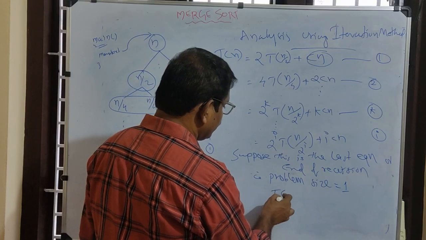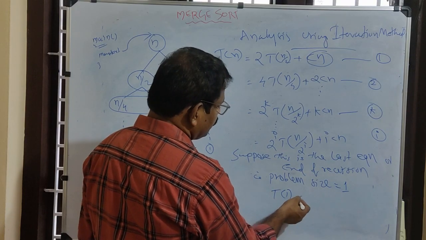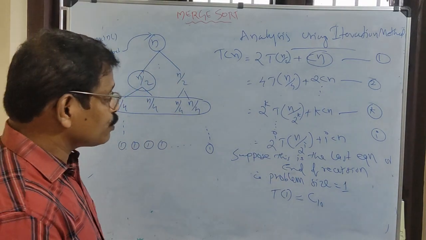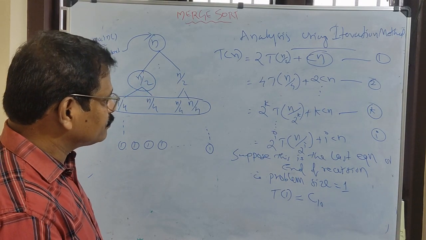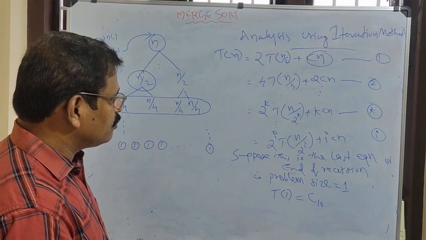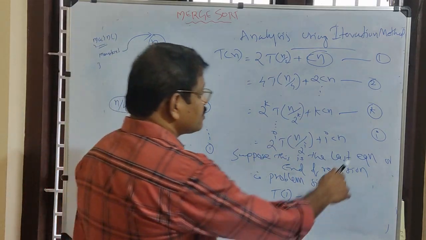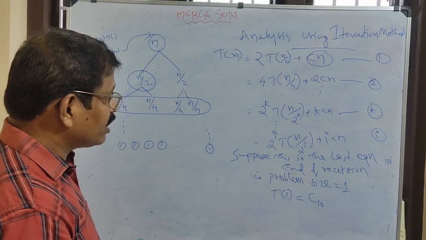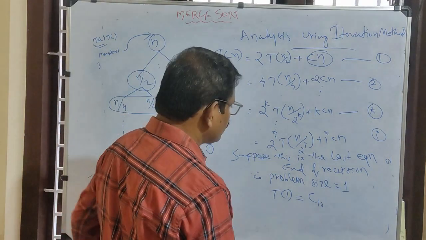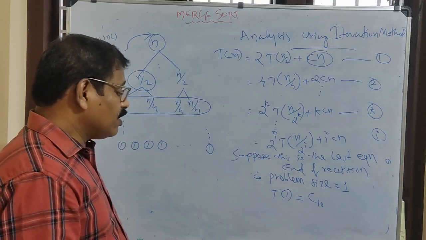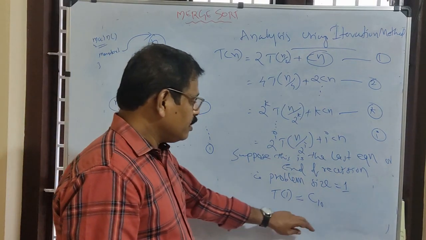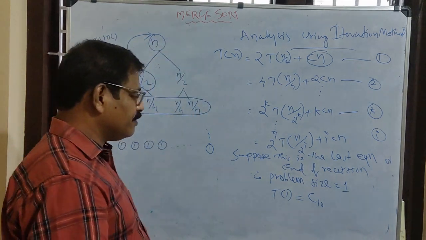The cost will be T(1), let it be some constant, that is the cost of processing one element. If i is the last equation, we will be processing the problem of size one element, a function called with only one element, and its cost will be C1. We are assuming that.